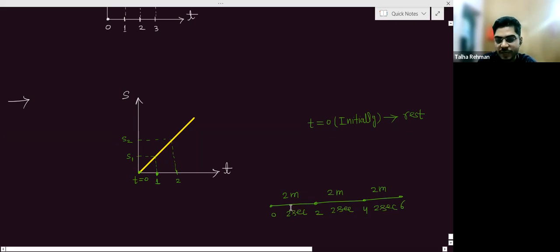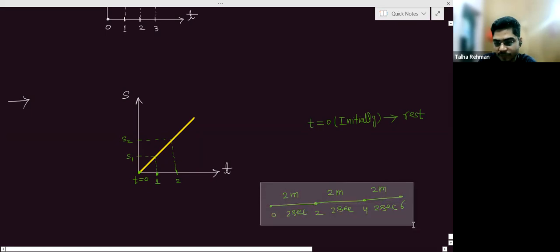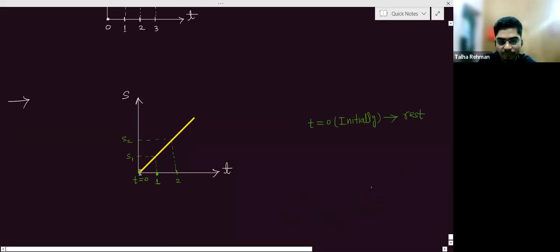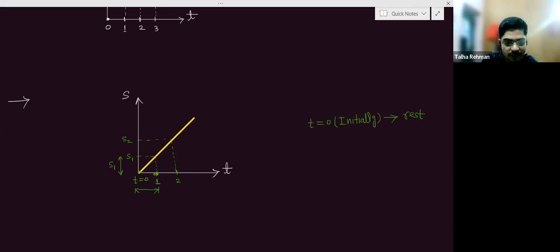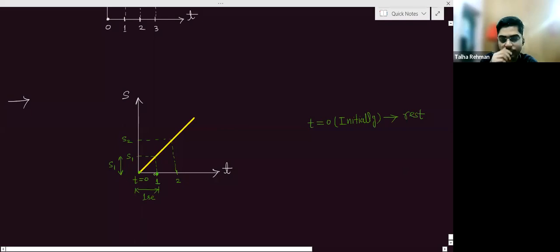So what is the meaning? In equal intervals of time, the body is covering equal displacement. This is the case here. From here to here, this is the time and this is the displacement covered by the body. This is s1, and suppose this is the time of 1 second.